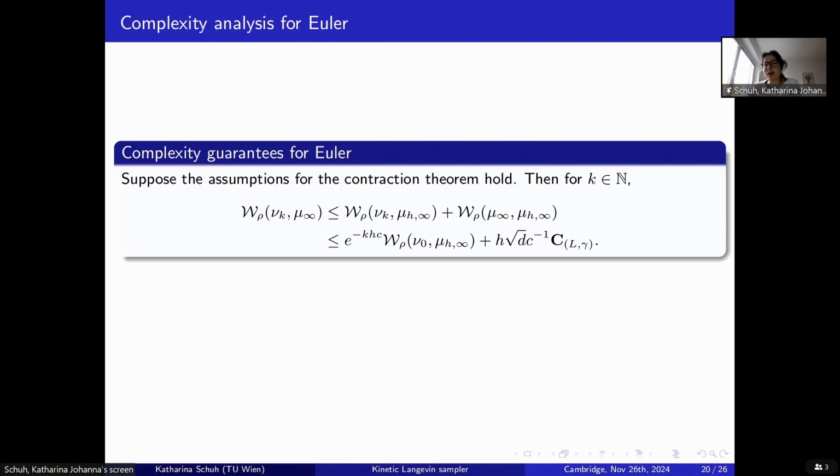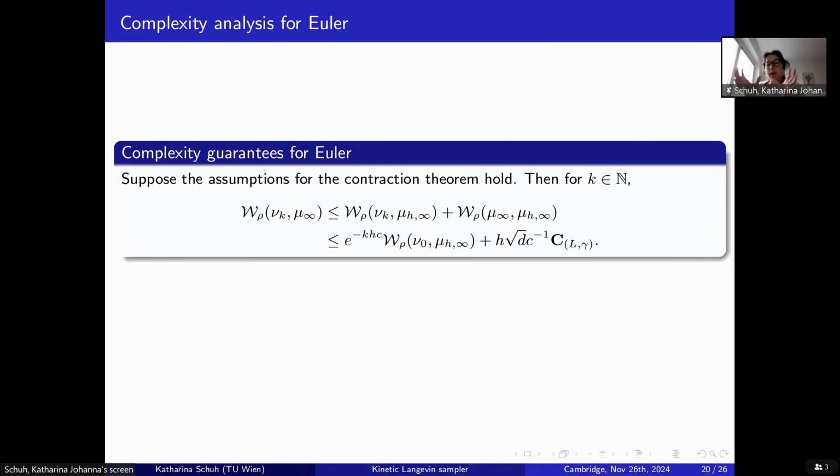Under the previous assumptions we had for the Euler scheme, if you look at the distance between the measure after k steps of the Euler scheme and the true target measure, we can do again a triangle inequality, adding here a mu h infinity. And then these two terms on the right-hand side can be controlled by using either the contraction result or the strong accuracy result.